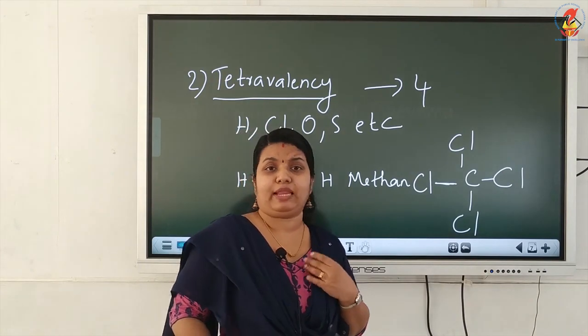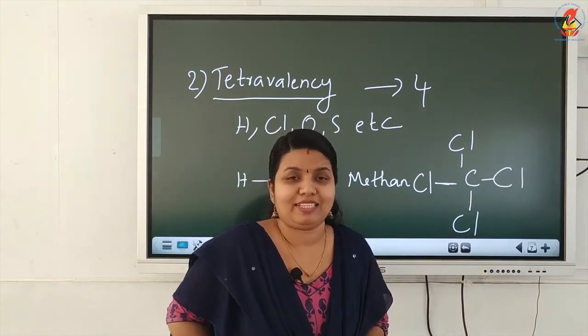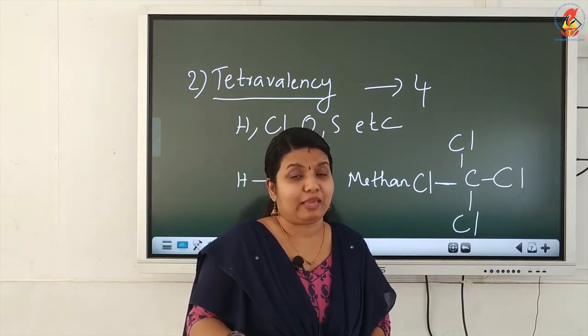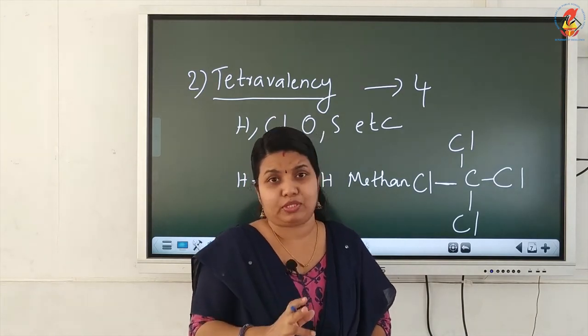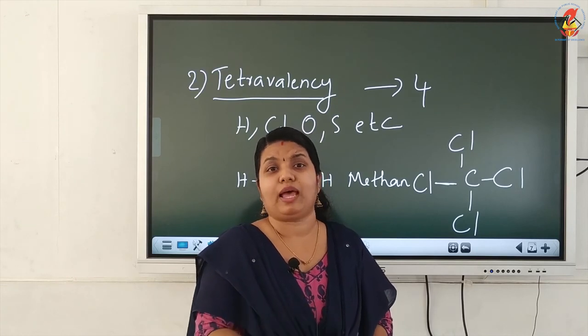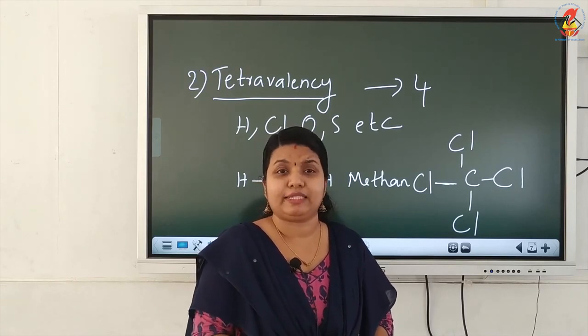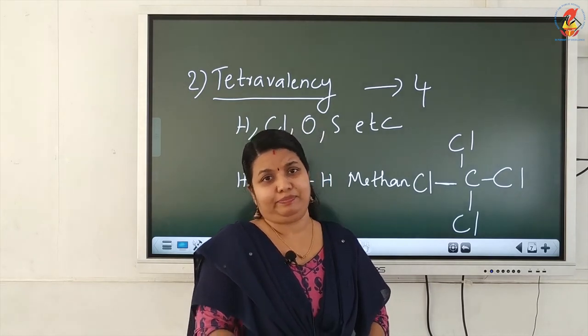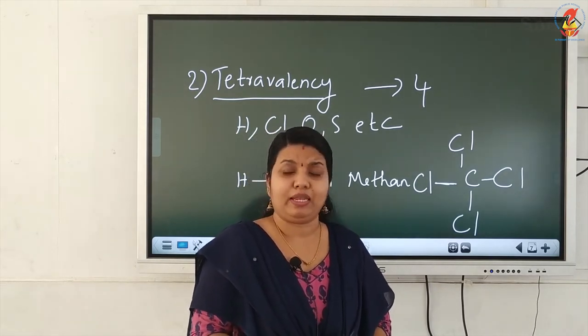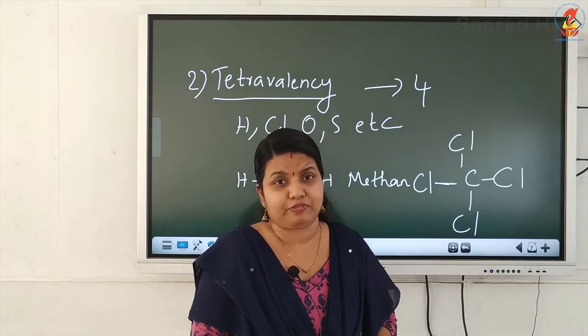So that is tetravalency. The valency of carbon is 4, so it is capable of forming 4 bonds with either other carbon atoms or atoms of non-metals like hydrogen, chlorine, oxygen, nitrogen, sulfur, etc.